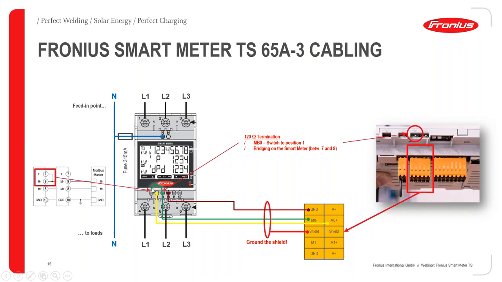That's on terminal 7. So we simply need to make a short cable bridge from 7 to 9, and then we have set our 120 ohm resistor to on. On the other side, on the Gen24 inverter, we simply do it by a small switch. Just switch it from position 0 to 1, and then we've activated it. So that's the second very important point.